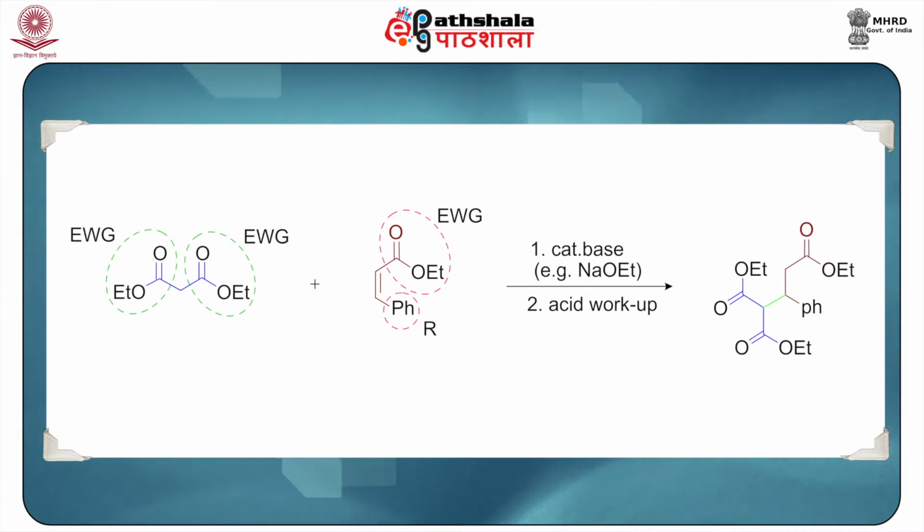Once these two combine, in the presence of base, for example sodium ethoxide, followed by acid workup, there is formation of an enol, which tautomerizes and gives this particular product.